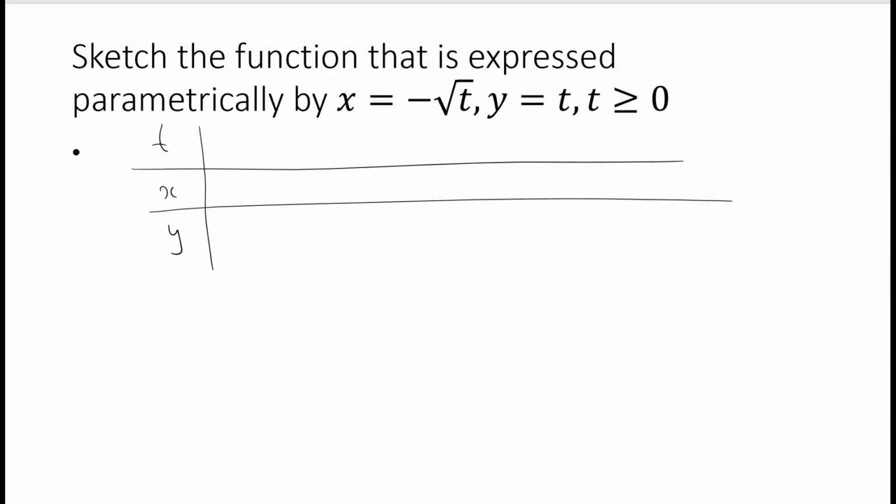Now it tells us that t is greater than or equal to 0, so let's just arbitrarily choose some values. And now we just go through and, according to the rules, fill in the numbers.